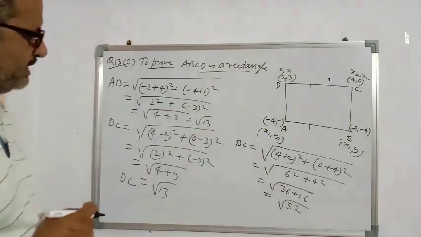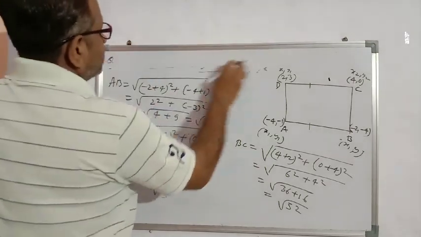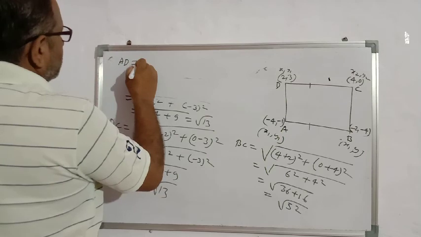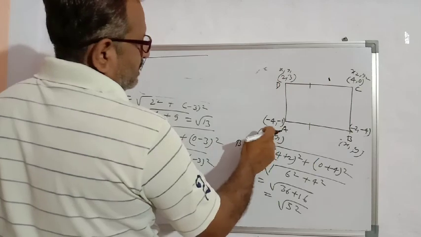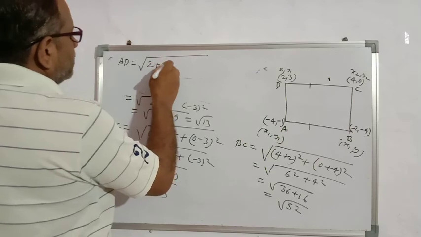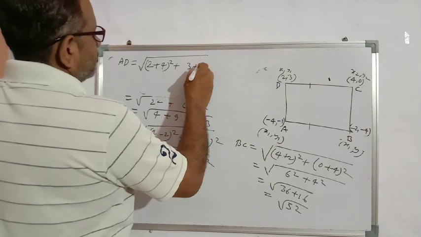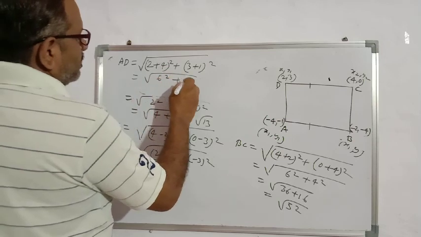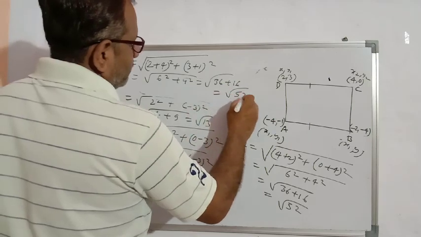Now we will find AD. AD is equal to, suppose this one is x1, y1 and it is x2, y2. So x2 minus x1, so 2 plus 4 whole square. 3 minus 1, so 3 plus 1 whole square. 2 plus 4, 6 square, 4 square. 36 plus 16, root 52.